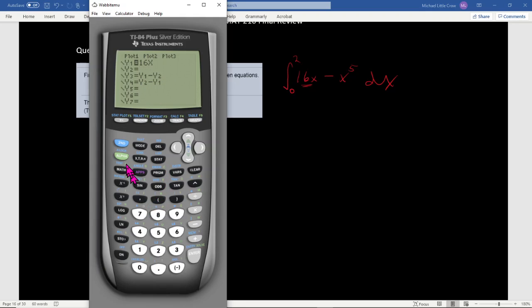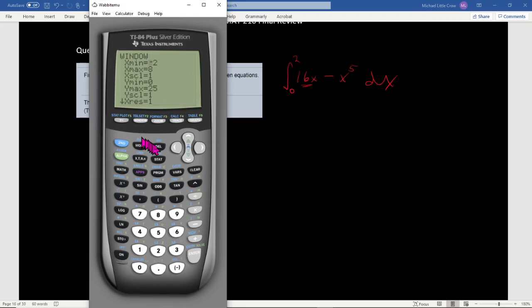Then I'm going to graph x to the fifth. Since my guess is that 16x is going to be on top, I'm going to make it a thick line. Graph it. Oh, it goes straight up. Going 0 to 2, and exactly, the exponential is here.